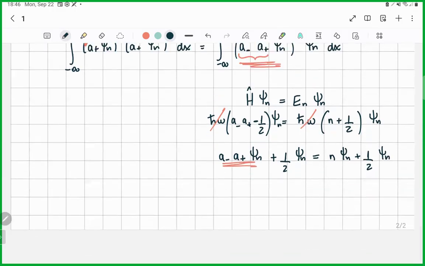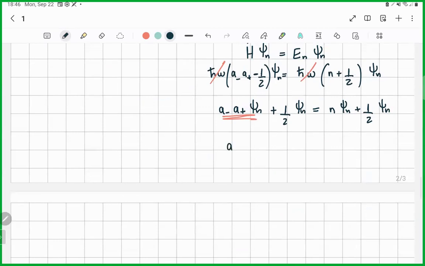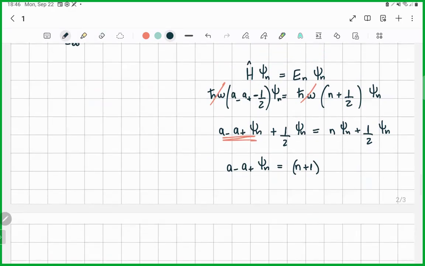Okay? So if we rearrange, you see that a minus a plus acting on psi n gives us n plus 1. Sorry, here I wrote a wrong sign. This is still minus, just as we have here minus. When I pass it to the right side, that's when it becomes positive, and that's when I get this plus 1.